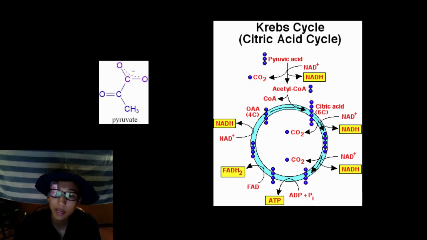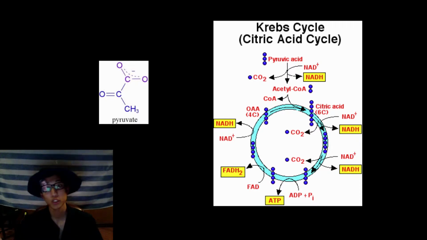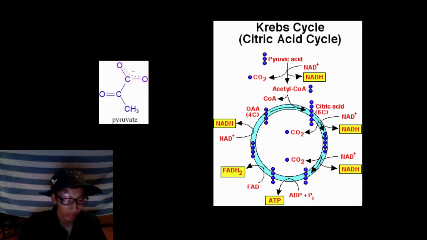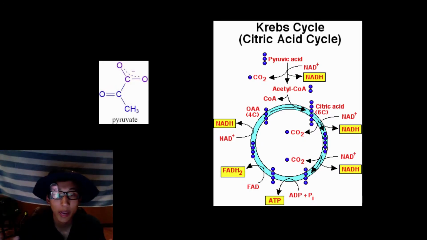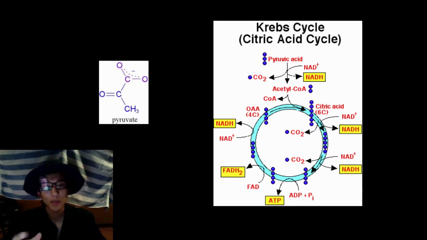Now, NADH and FADH are very important in cellular respiration because not only is there ATP, there is NADH and FADH. These two are kind of a shuttle or a carrier for electrons and protons. So let me explain this.